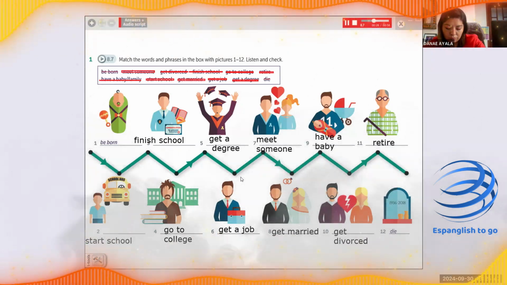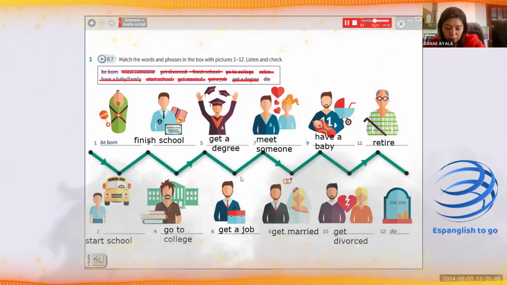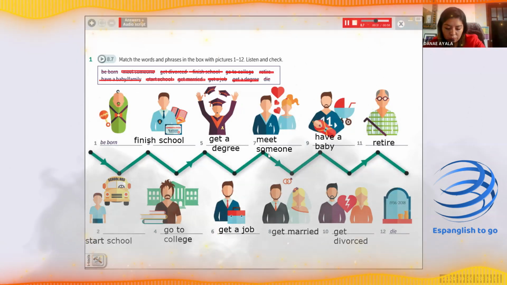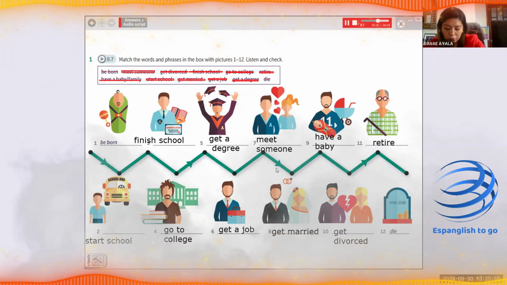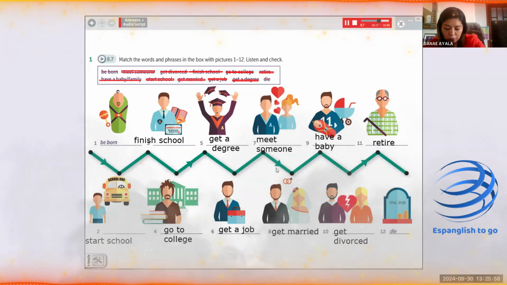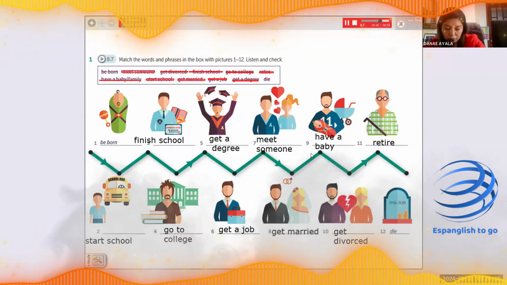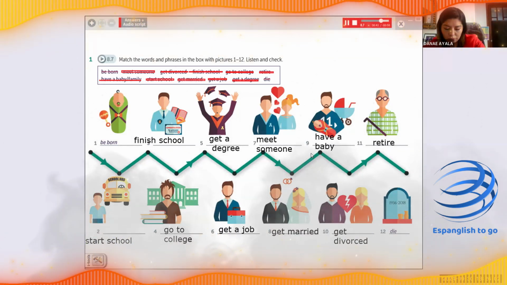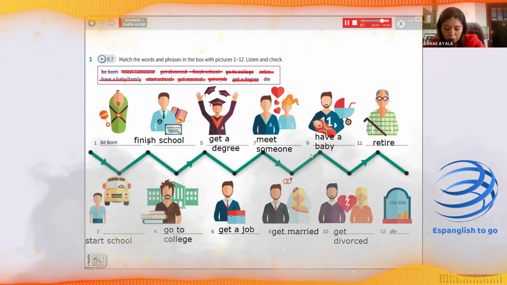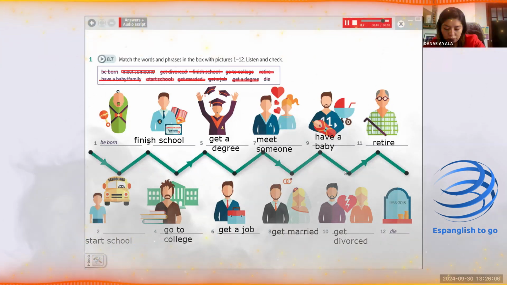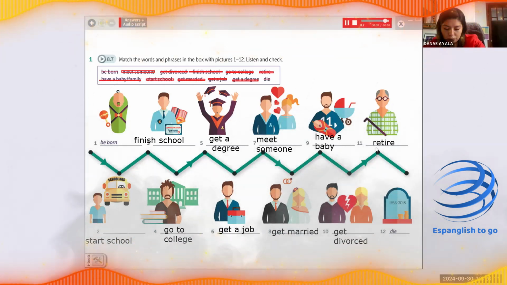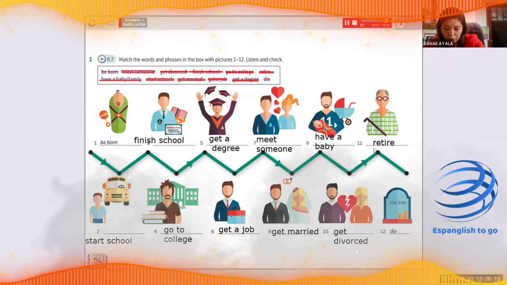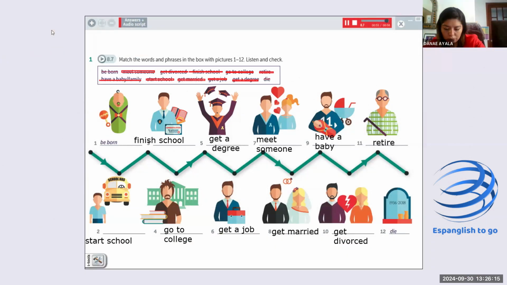Get a job. 7. Meet someone. 8. Get married. 9. Have a baby. Have a family. 10. Get divorced. 11. Retire. 12. Die. Okay, perfect. Very good.